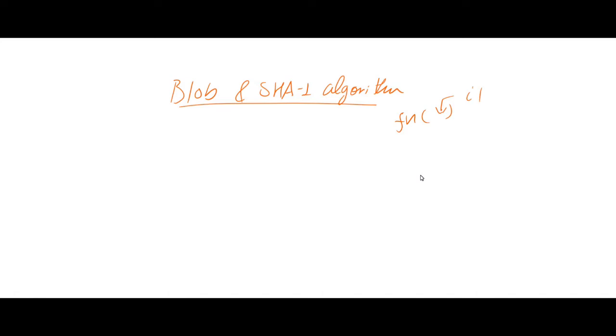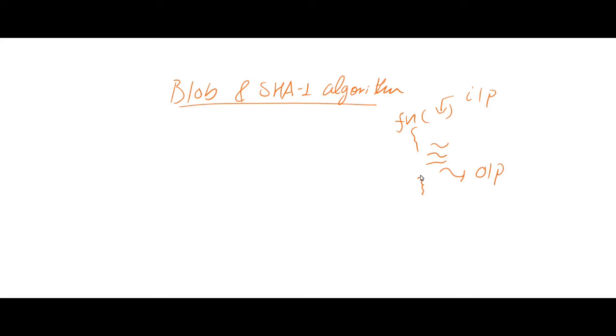We have the binary or blob file and the famous SHA-1 algorithm. When we say algorithm, it's a bunch of functions or a single function. What we mean by function is we have a name, we can put in a parameter as an input, and we have a set of instructions, and it will output a result.